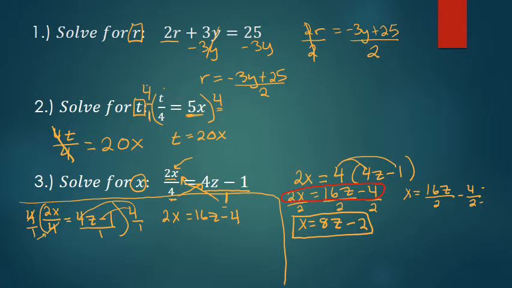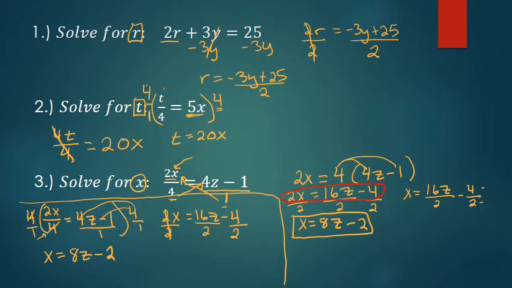Now the last thing we need to do is divide by that 2. And again, because both of the numbers in 16z minus 4 are divisible by 2, I'm separating them. The 2 goes away here, and I get x equals, so 16 divided by 2 is 8. And then I have that z minus 4 divided by 2 is 2.